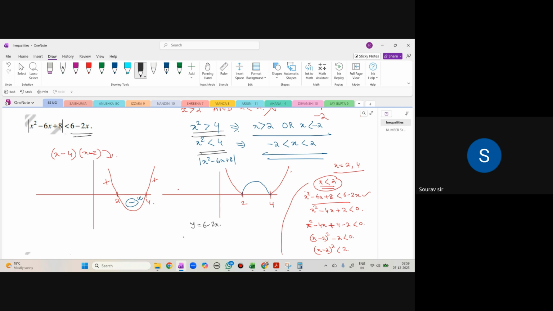You put x equal to 0, you get y equal to 6. So this is 1 point, and you put y equal to 0, you get x equal to 3. So this is x equal to 3, this is y equal to 6, somewhere here. So the line will be something like this.